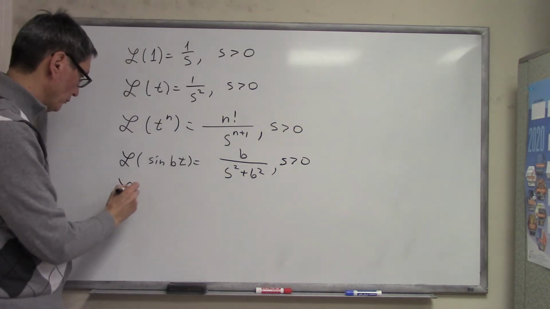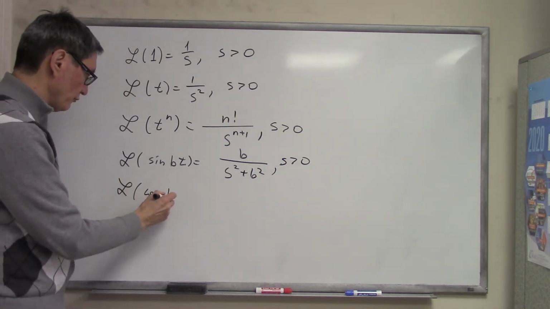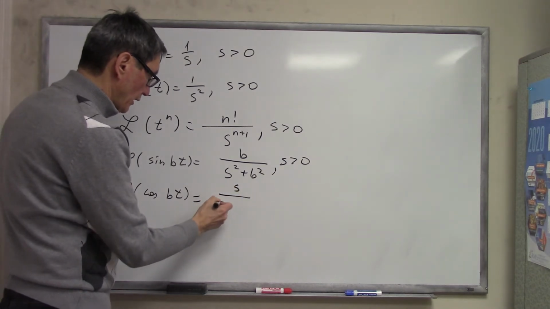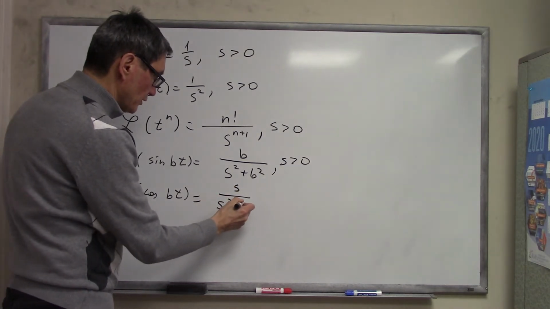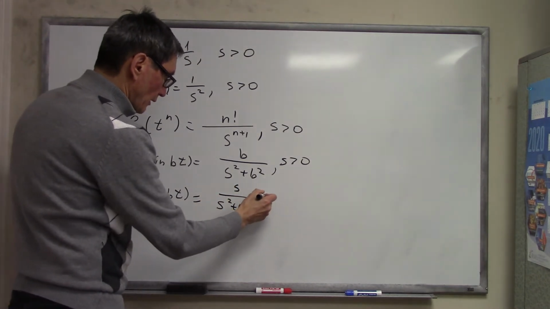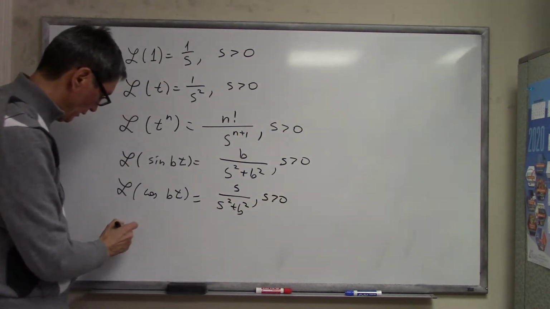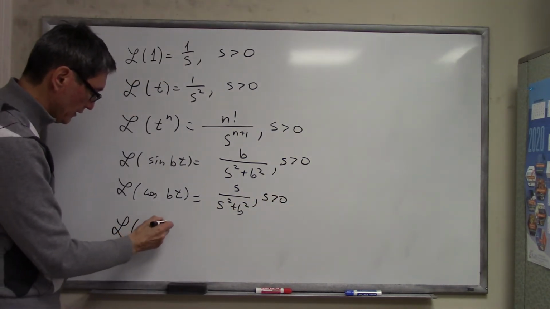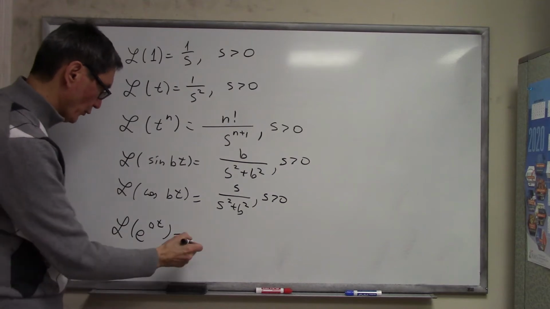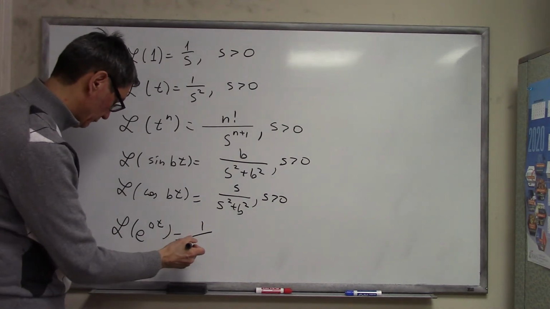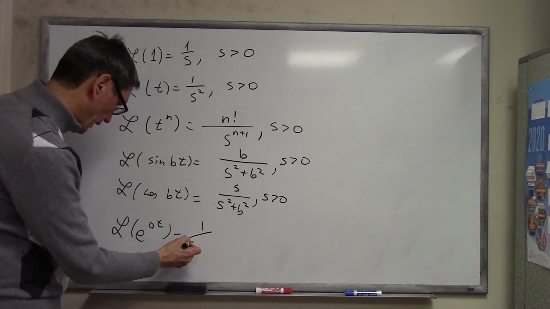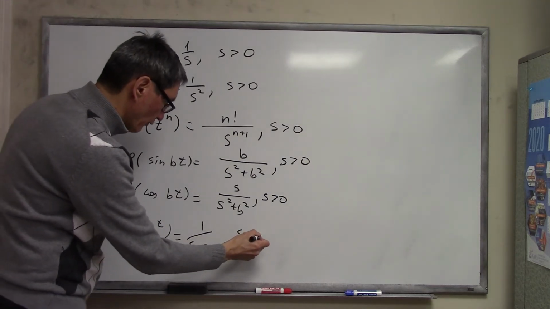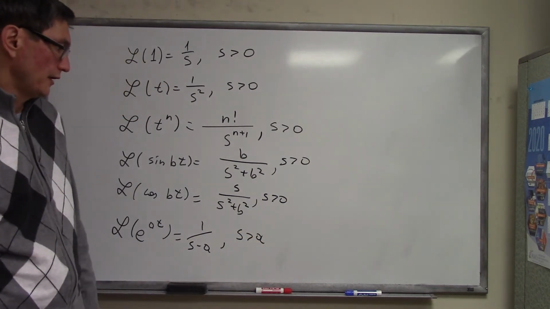Laplace transform of cosine of b times t equals s over s squared plus b squared. S is positive. And we already did Laplace transform of e to the at equals 1 over s minus a, where the domain of that Laplace transform is s bigger than a.